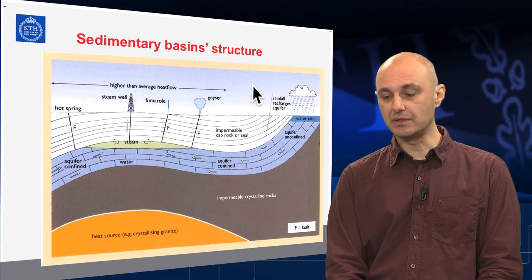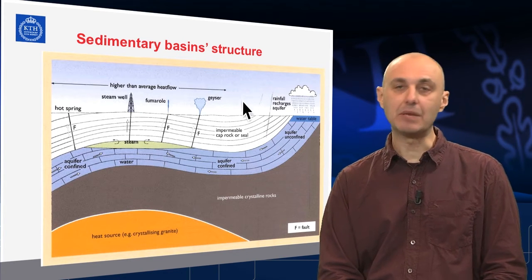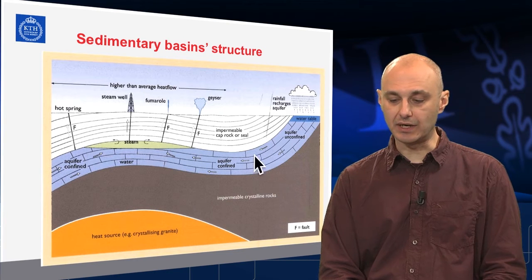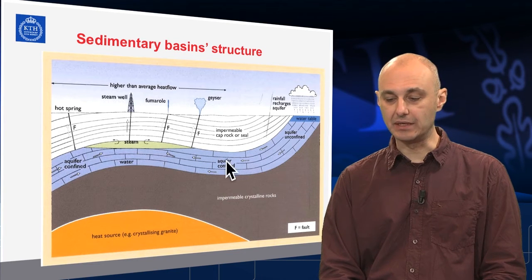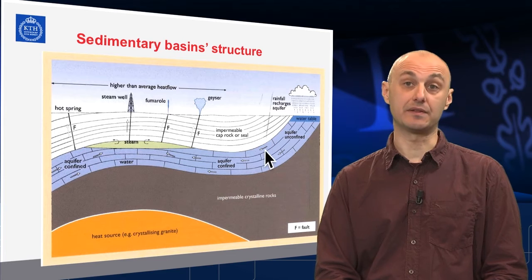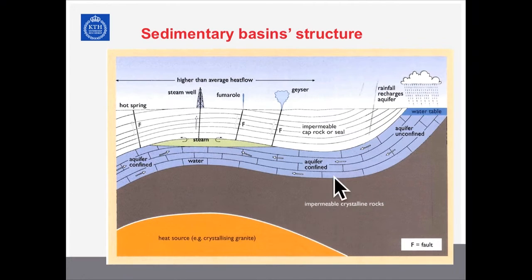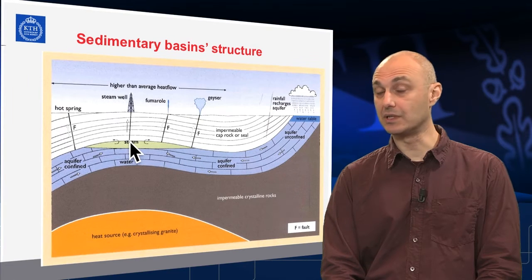This is the easiest way to imagine how a reservoir of heat would be replenished with a heating carrier, that would be water and steam, and how we would reach it, hopefully not too deep.